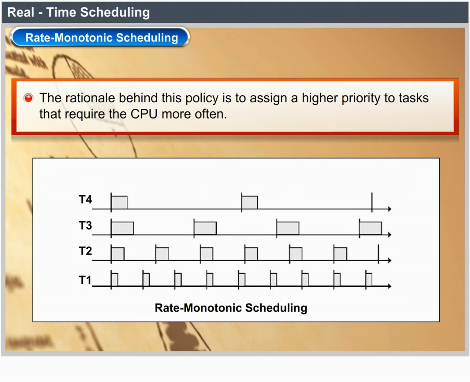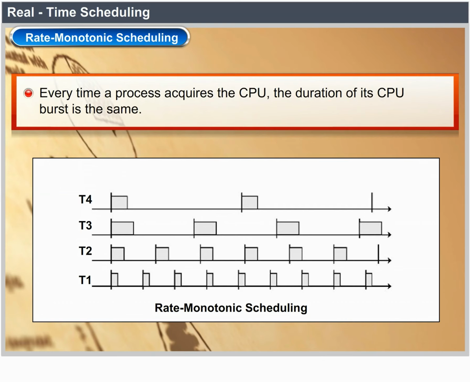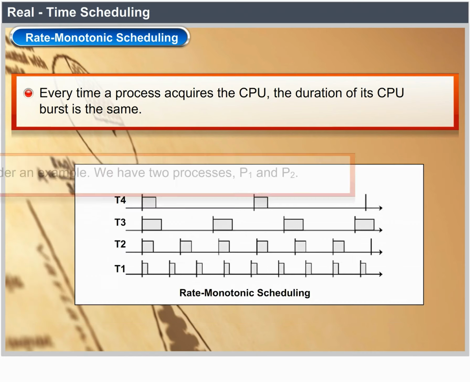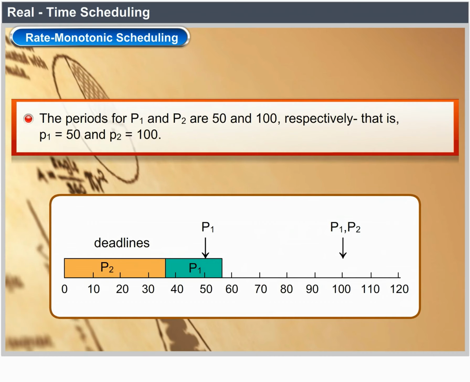Furthermore, rate monotonic scheduling assumes that the processing time of a periodic process is the same for each CPU burst. That is, every time a process acquires the CPU, the duration of its CPU burst is the same. Let's consider an example. We have two processes, P1 and P2. The periods for P1 and P2 are 50 and 100, respectively.